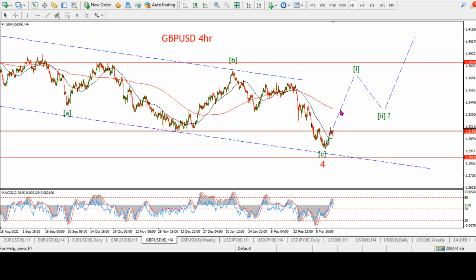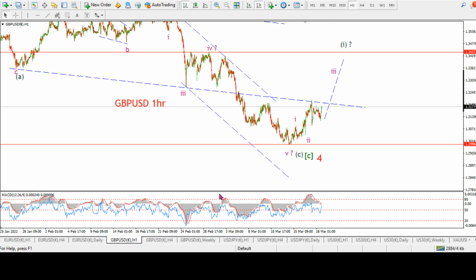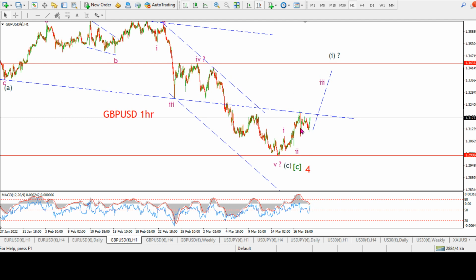Cable, looking for a turn up in cable also. We've had a slight improvement this week, and not much to go on just yet. I'm looking for a large wave 5 to develop to the upside. On the hourly chart, you can see the pattern may even suit a corrective move higher rather than an impulsive one at this moment in time.